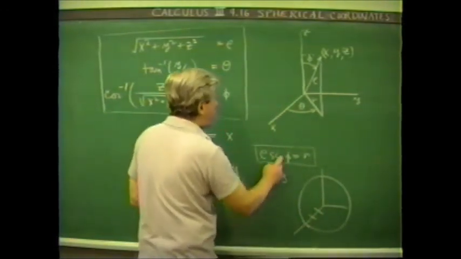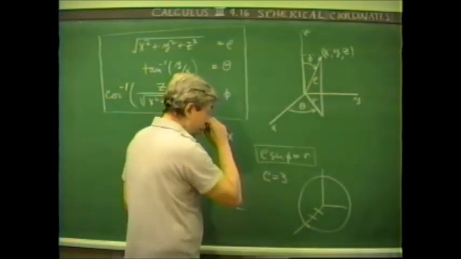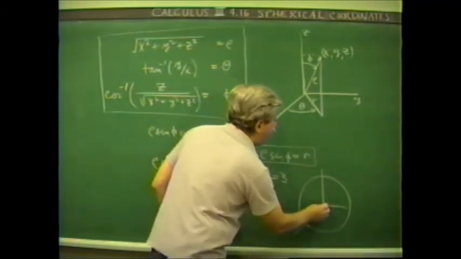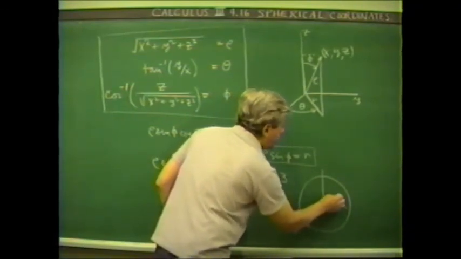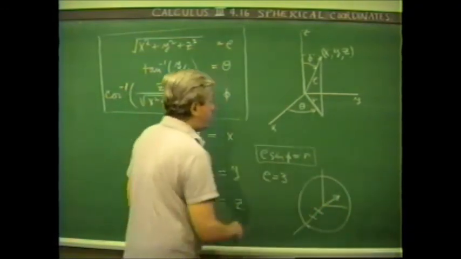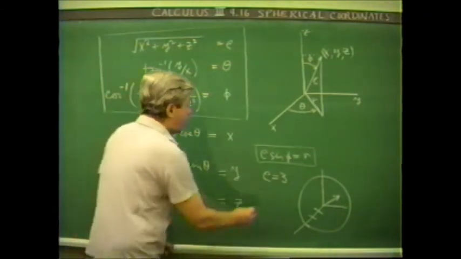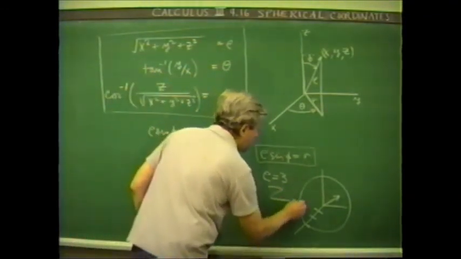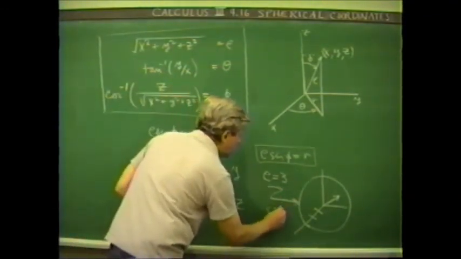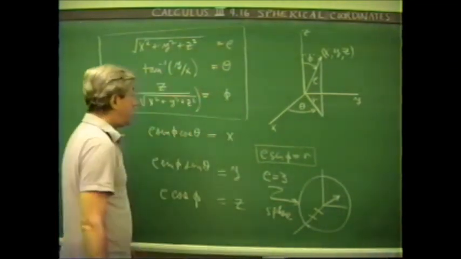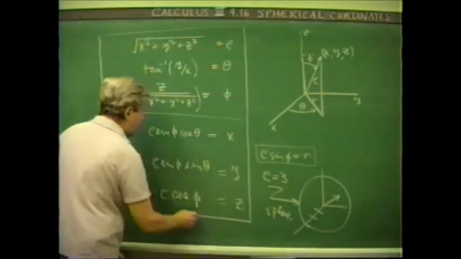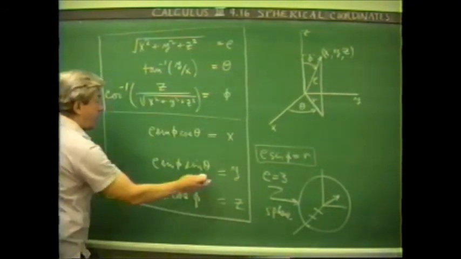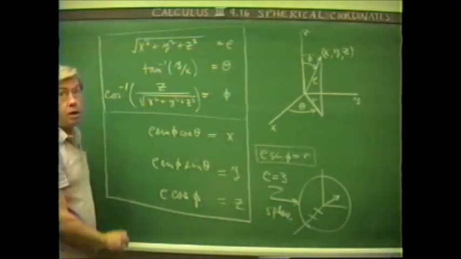If rho is a function of phi and theta, then you're dealing with something where for each direction away from the origin, there's a point on the surface. So this is the graph of rho equals 3, a sphere. And here is then how to change from spherical coordinates to rectangular, and how to change from rectangular to spherical.